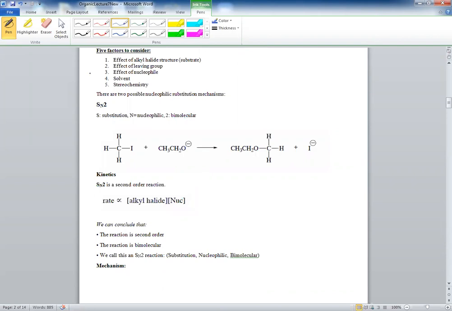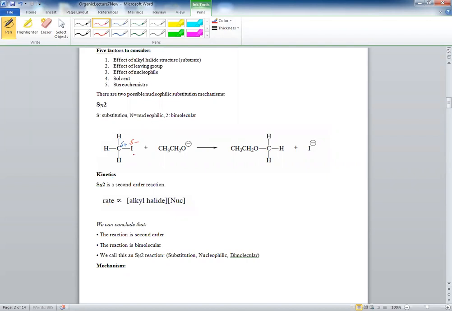So if we look at this generic reaction, and I'm going to mark the leaving group and the nucleophile for you. In this case, you have a methyl iodide. So here's your delta plus, and there's your delta minus.